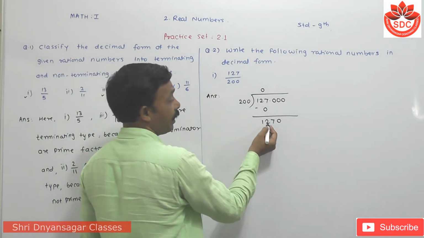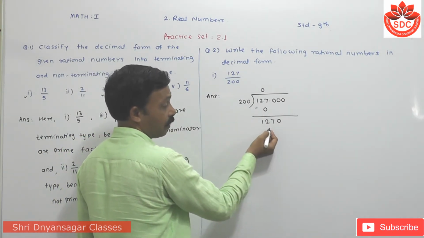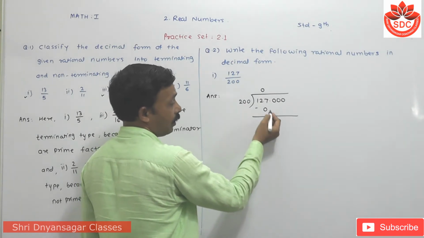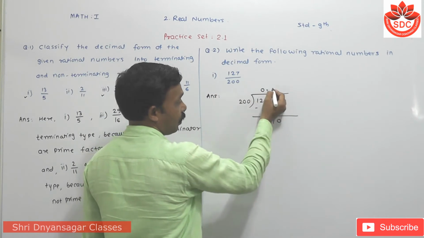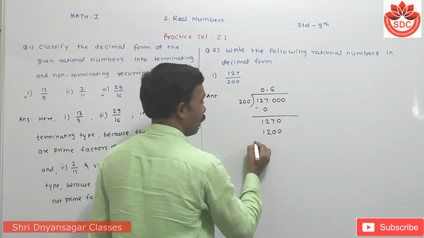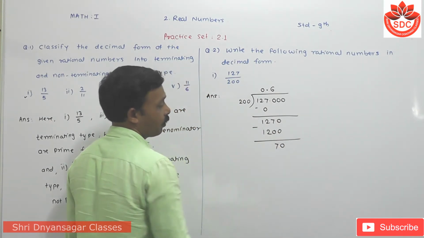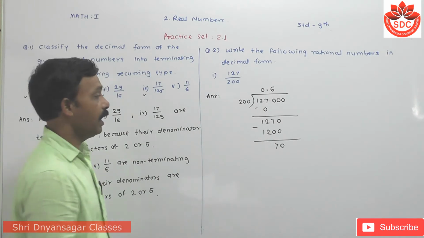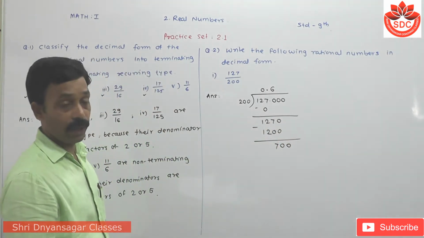So we take the decimal point first, then 6, and 1200. Now we subtract this, and the subtraction becomes 70. Then again take 0 on this 70, it becomes 700.